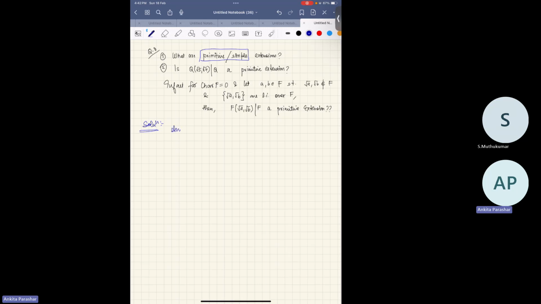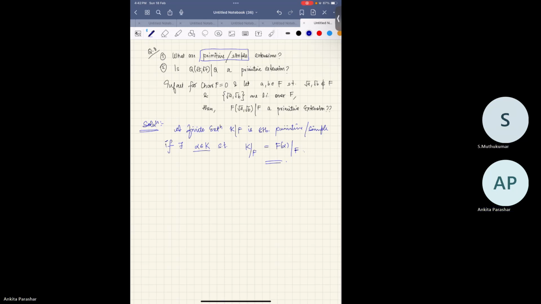So a finite extension K over F is said to be primitive or simple if there exists alpha in K such that K over F is the same as F(alpha) over F. That means your K is nothing but F(alpha). Do you follow the definition first of all?